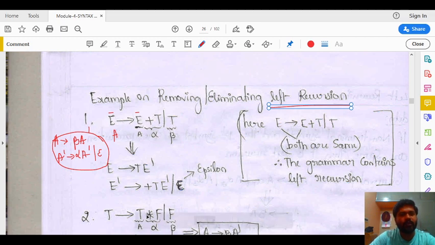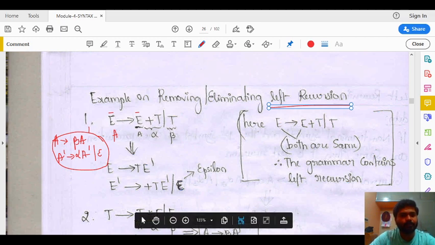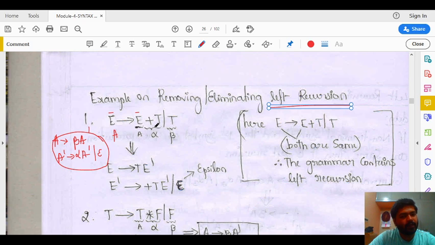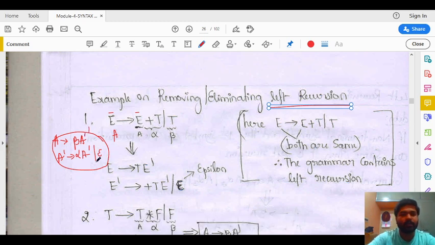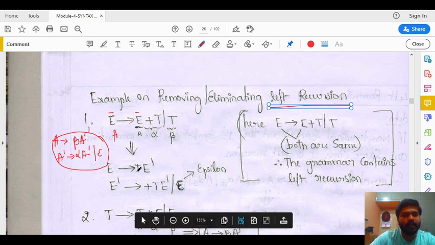So E tends to E plus T, and what is alpha here? Plus T is my alpha. So E tends to T E dash, and that is E tends to beta A dash.